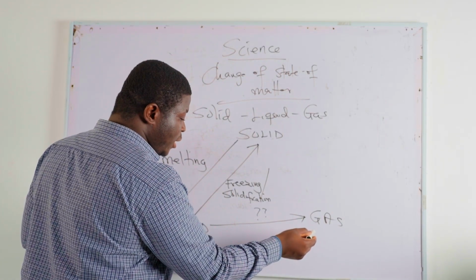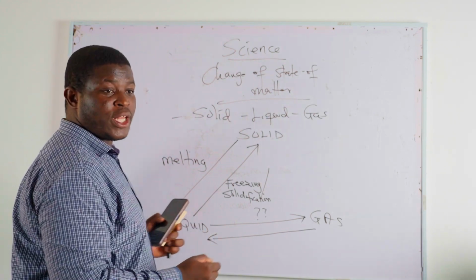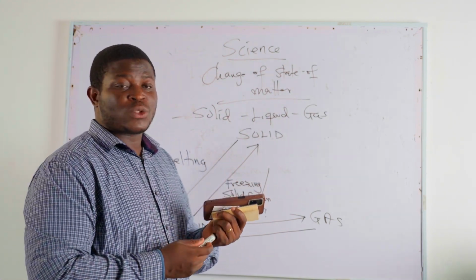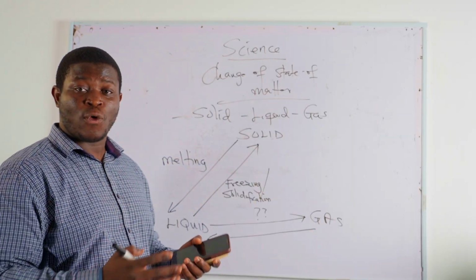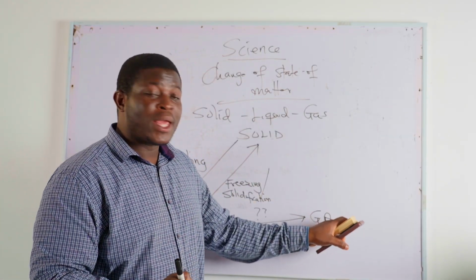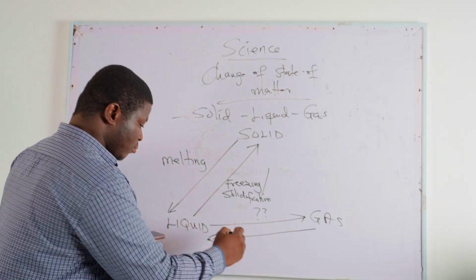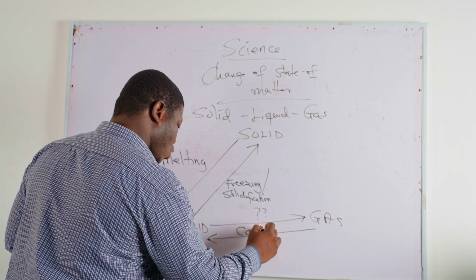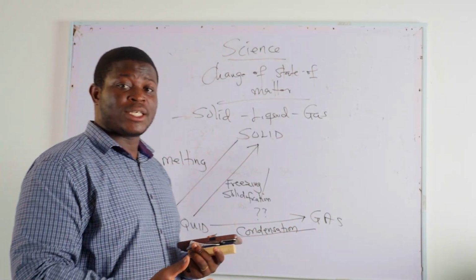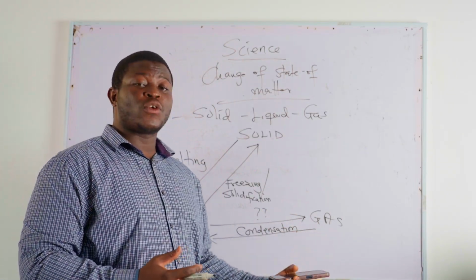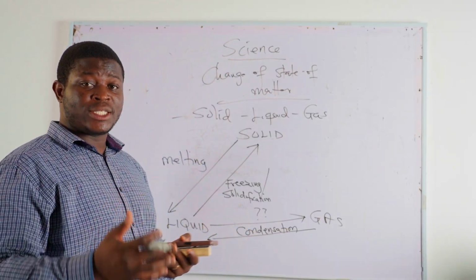Now, when a substance changes also from gas to liquid, what name do we give to that process? The process whereby a substance is in the gas form, all of a sudden it changes from gas to liquid. We call that process what? Condensation. So you can see that the substance is in a gas form, then it changes from gas to liquid, and that's what mostly they use in the distillation process.